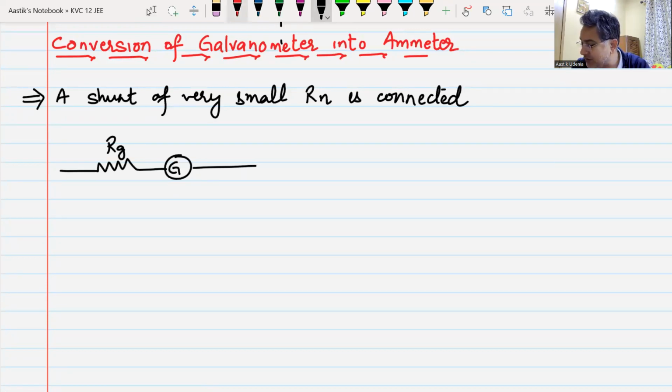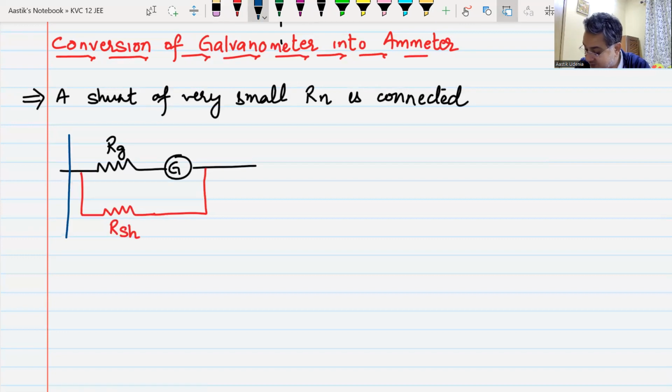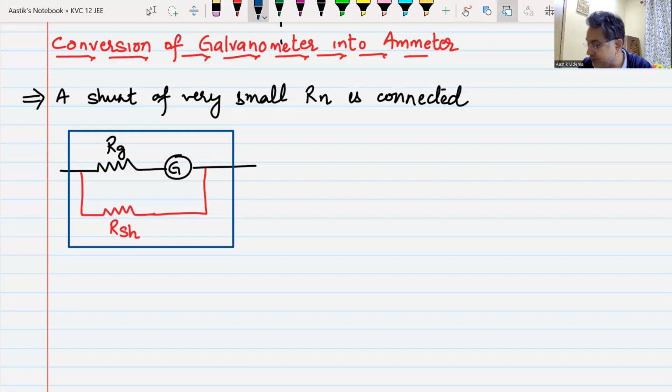Now what I do is I connect a shunt resistance in parallel with this galvanometer. R_SH, R shunt. As soon as I connect this R shunt, this entire arrangement here now becomes an ammeter.